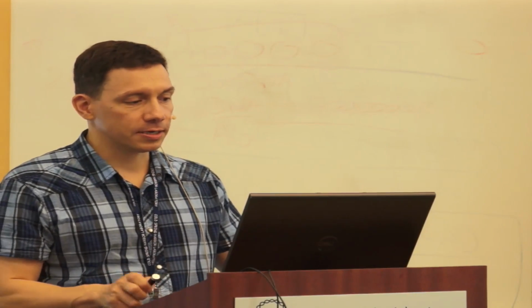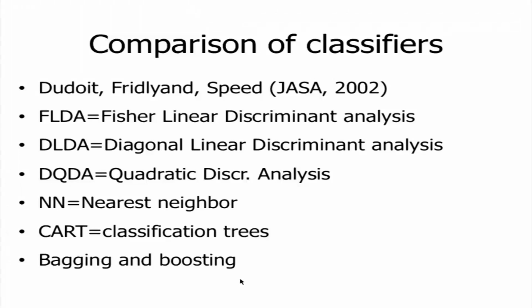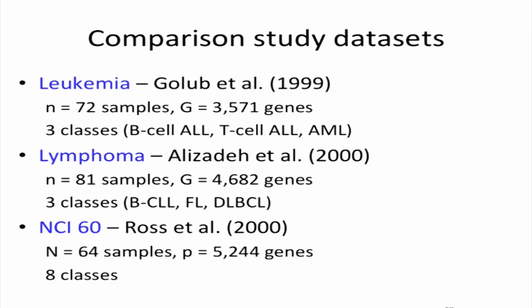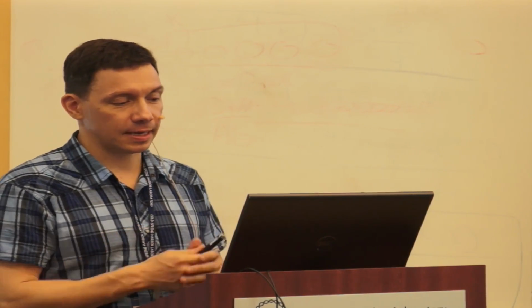And as I mentioned, there is one early publication from 2002 where Dudoit et al. empirically evaluated different predictors on 3 different data sets: the leukemia dataset, lymphoma dataset, and NCI-60 dataset. Now these were all very famous data sets, and so it was very interesting to study them.